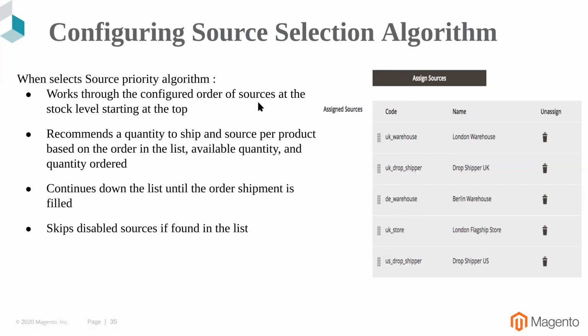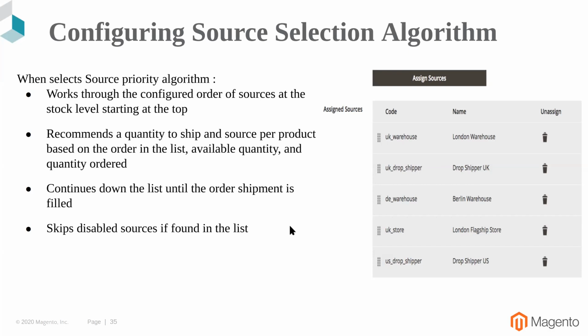So whenever the admin selects source priority as the shipment algorithm, Magento works through all the configured sources and shows the list of sources according to priority. It also shows the quantity that can be shipped from those sources, and it skips disabled sources if found in the list.